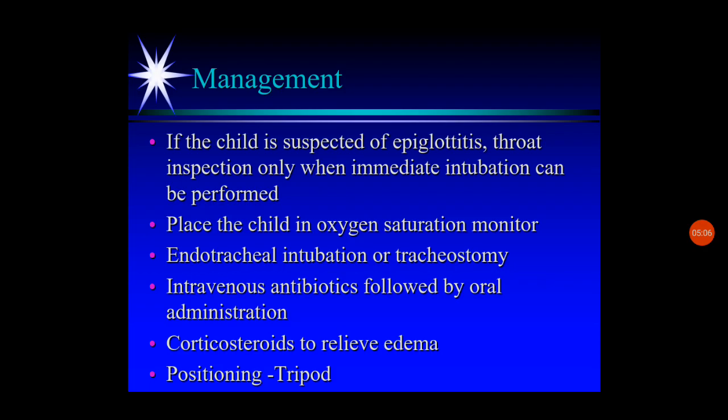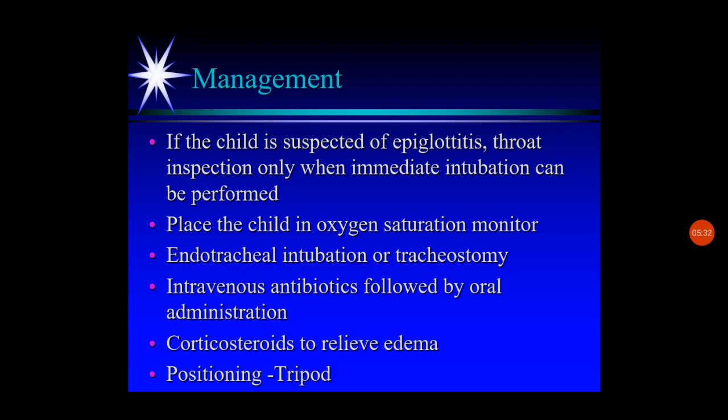Then place the child on an oxygen saturation monitor. Endotracheal intubation or tracheostomy may be required, because there is inflammation in the epiglottis area, so tubes cannot pass. So usually we do a tracheostomy, and give intravenous antibiotics followed by oral administration, and corticosteroids are administered to relieve the edema and other discomforts at the epiglottis.